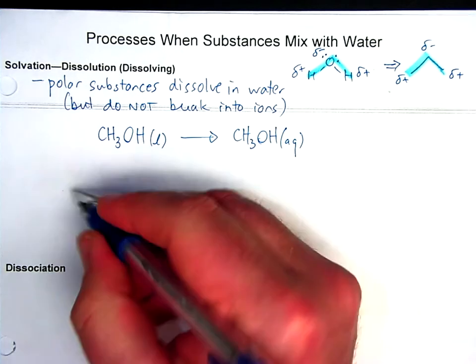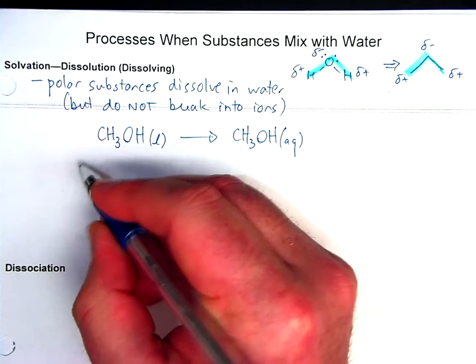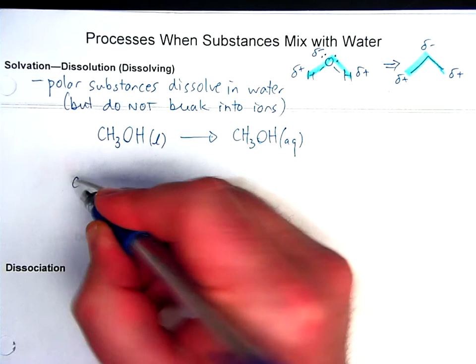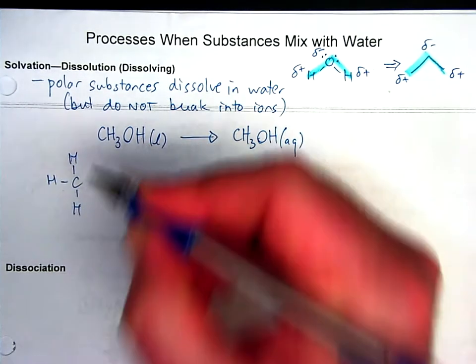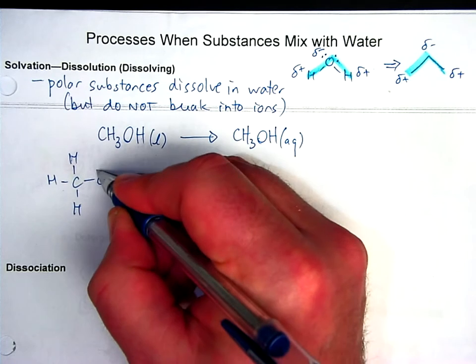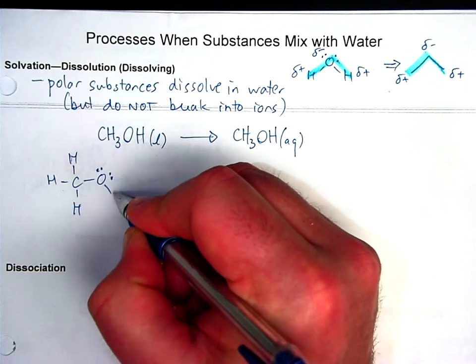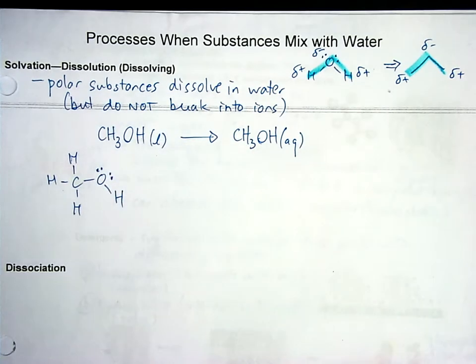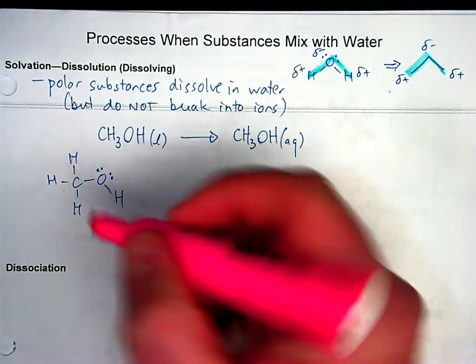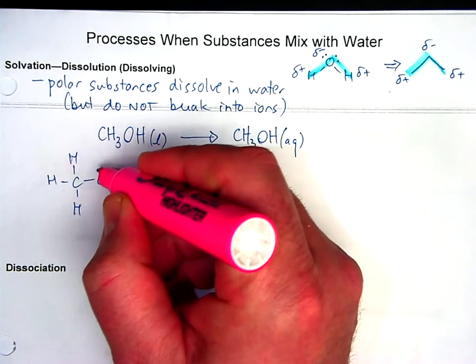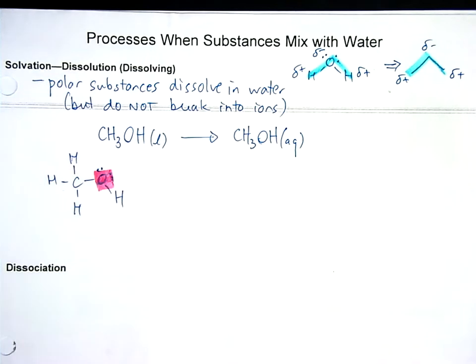Okay, so if we draw the Lewis structure of methanol, that's why we're spending some time looking at Lewis structures, because they help us understand why things will interact with each other. Oxygen is far more electronegative than hydrogen and carbon.